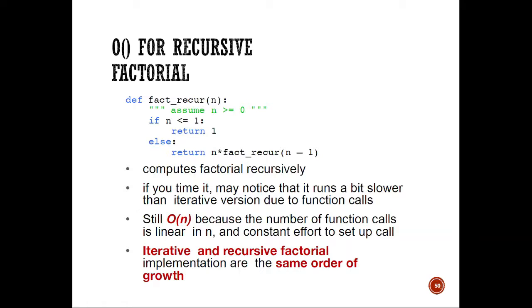In the recursive call, we would still have the same order of n because the number of function calls is linear in n and constant effort to set up the call. So in this case, the iterative and recursive factorial implementations are of the same order of growth.